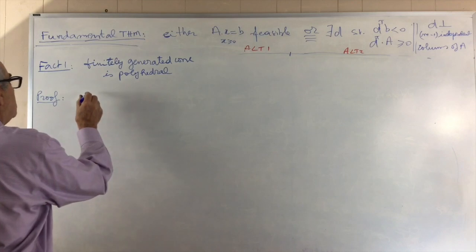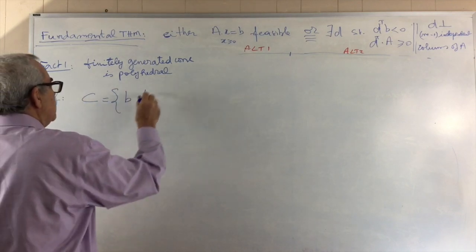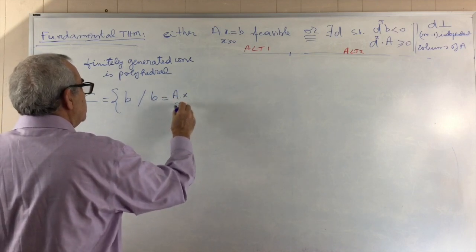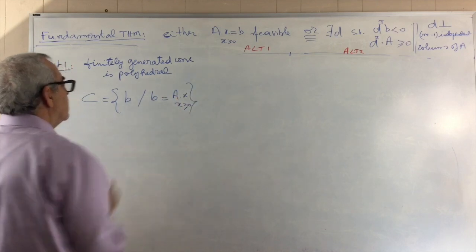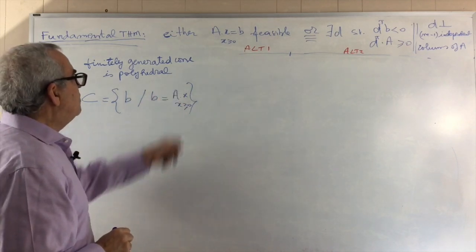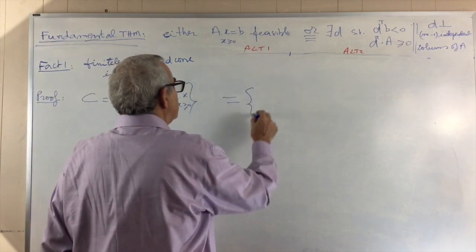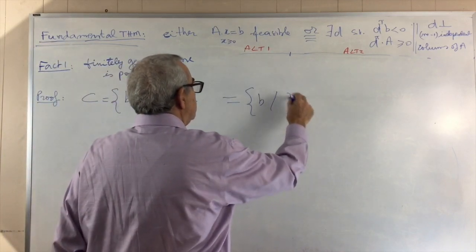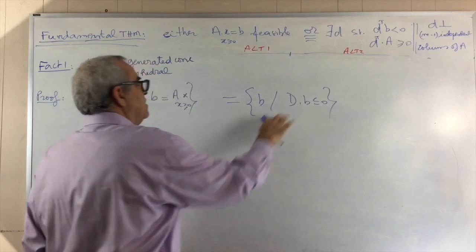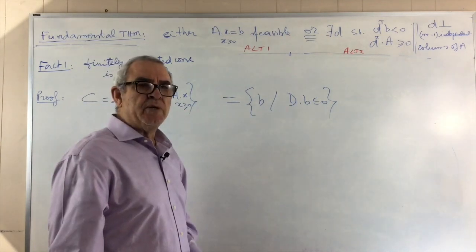So if I take a cone C, the set of all b such that b is equal to A dot x, x greater or equal to 0, this is a finitely generated cone by the columns of A. I want to prove that this is equal to the set of all b such that D times b less or equal to 0 for some matrix D. So my cone is defined by some homogeneous linear inequalities.